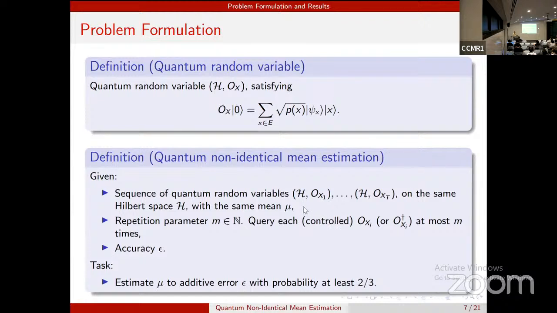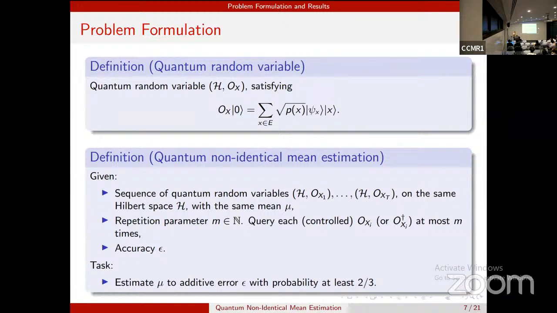Our task is still to estimate the mean mu with additive error epsilon with probability at least 2 over 3.